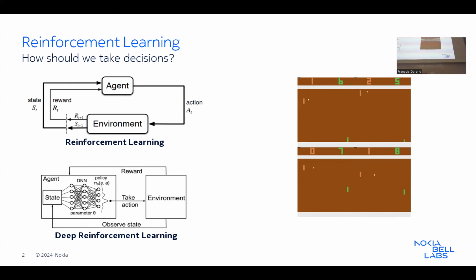So games are classic examples of reinforcement learning. You have your state here, and this is going to be important for the rest of the talk. The state is going to be the image of the game here. This is the classic Atari game Pong, and this is actually 4 different copies of Pong.